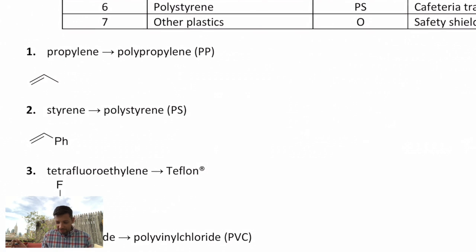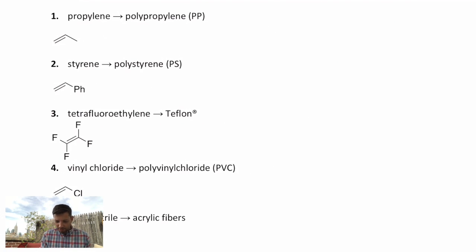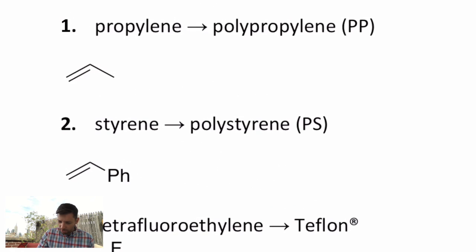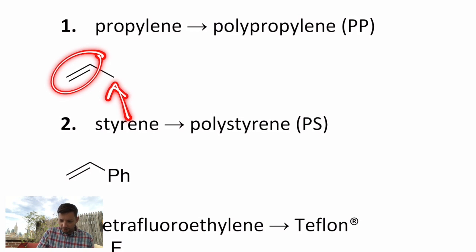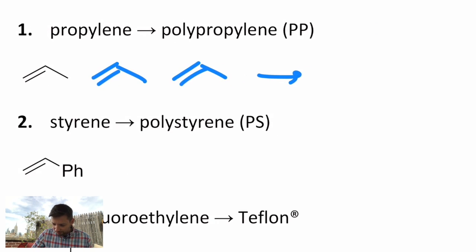So here's just a couple of examples down at the bottom that show how addition polymerization works. They're all alkene monomers, and if I were to draw what the polymer looked like for each one, a repeating polypropylene unit, it's just the alkene that repeats, and whatever's attached to the alkene is along for the ride. So I'll pretend I have 3 of them, and I polymerize them infinitely.